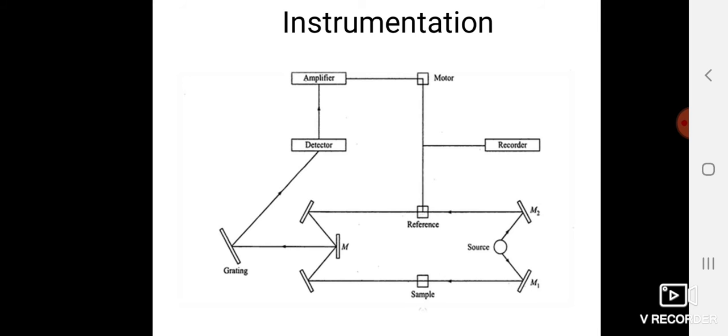Instead, we use a monochromator after the IR radiation passes through the sample, where gratings or monochromators are used.